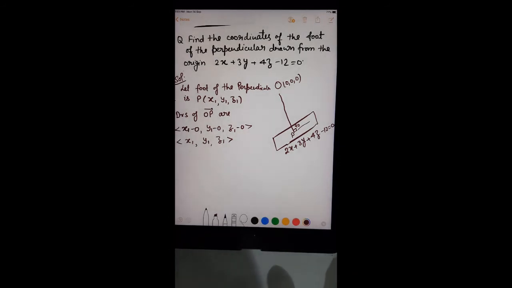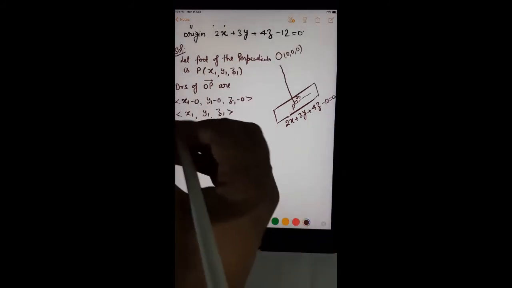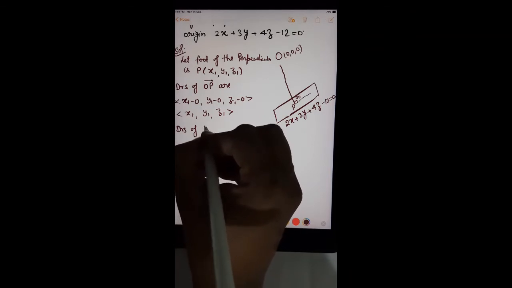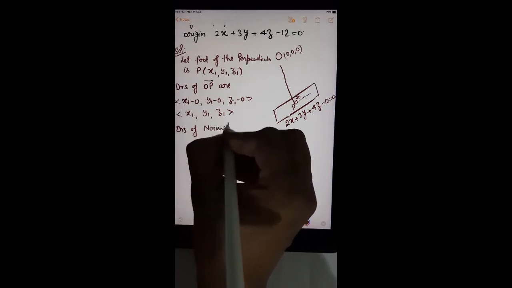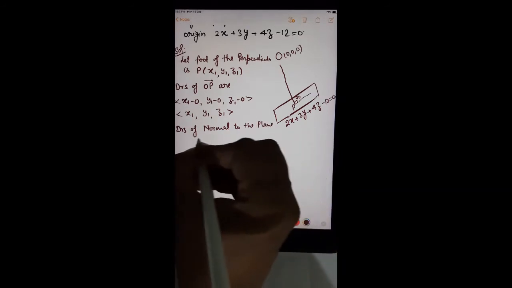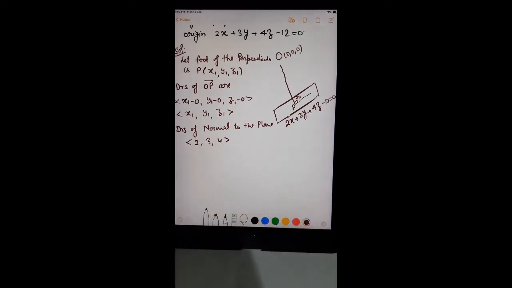Now the direction ratios of the vector normal to the plane are 2, 3, 4 with the help of the equation of plane. Now OP is also normal to the plane. It means OP and the normal to the plane are both parallel.